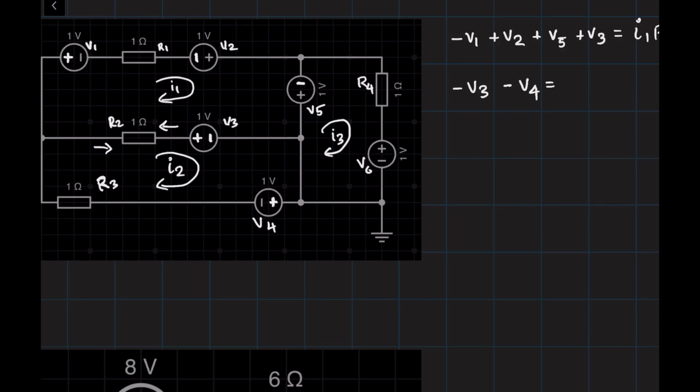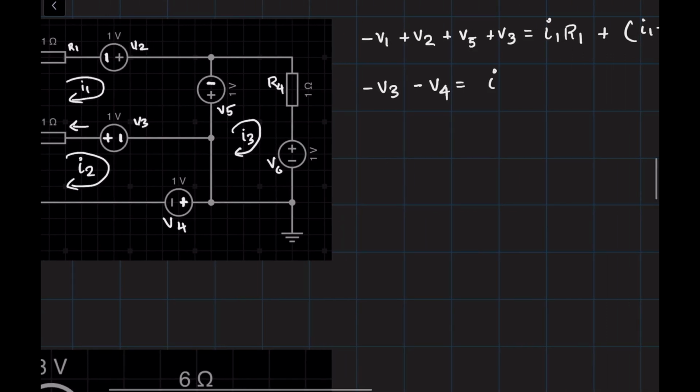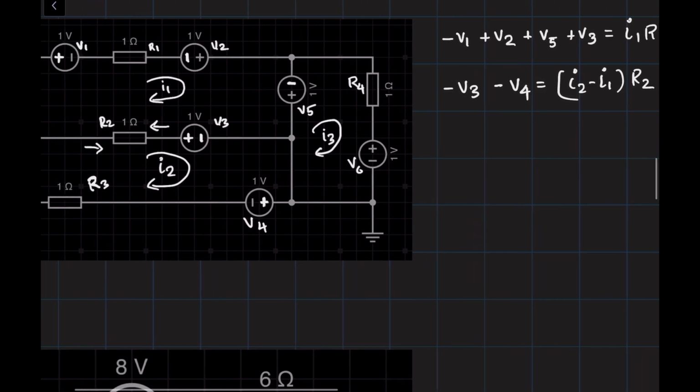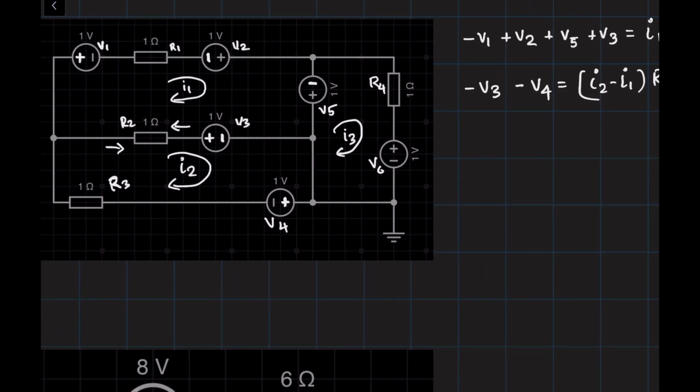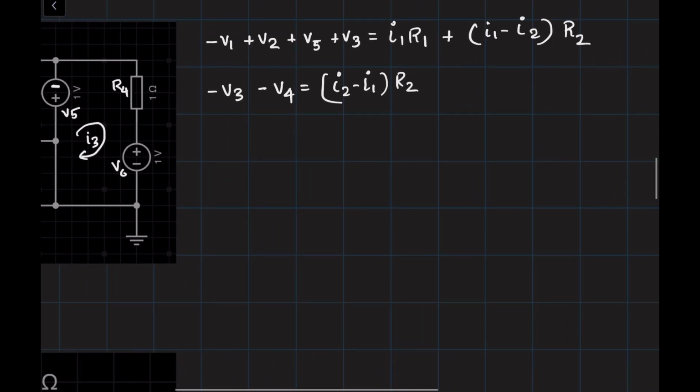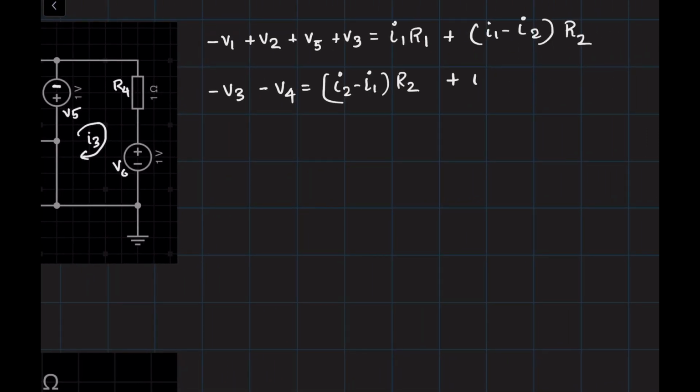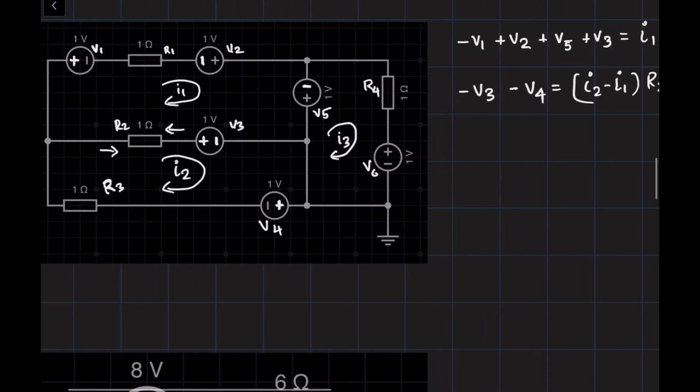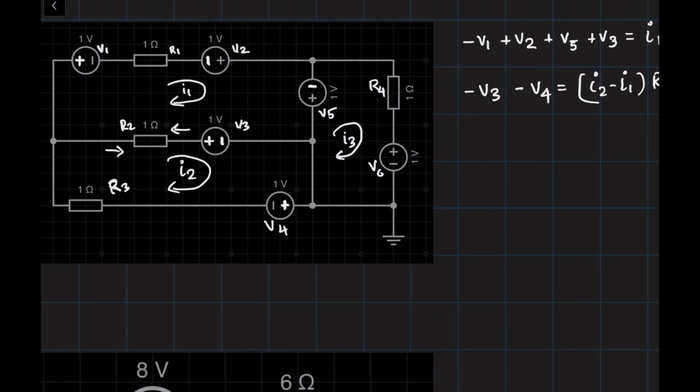Looking at the resistive terms, resistor R2 has current I2 minus I1 times R2, because two currents are flowing. Since you are writing the equation for loop 2, you have to give importance to I2. One more resistor, R3, has only I2 flowing through it, so plus I2 times R3.